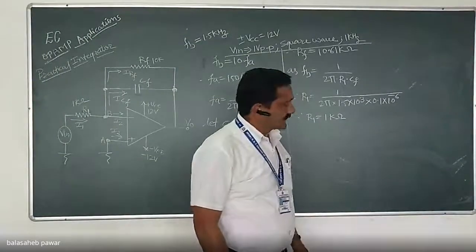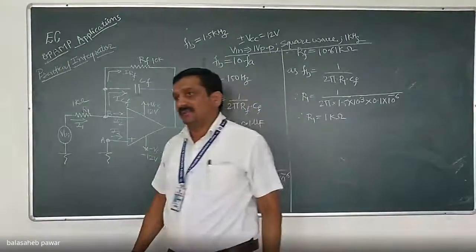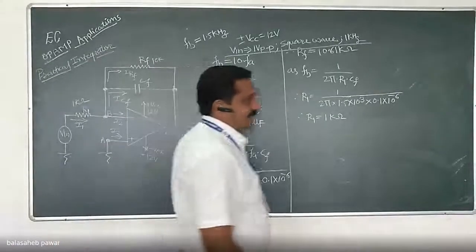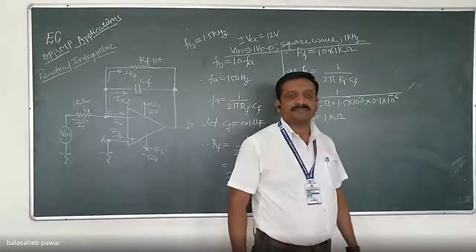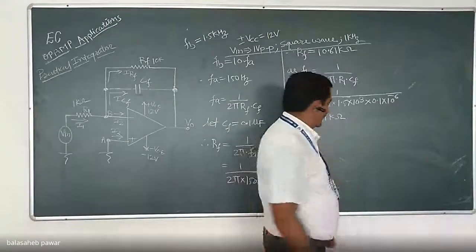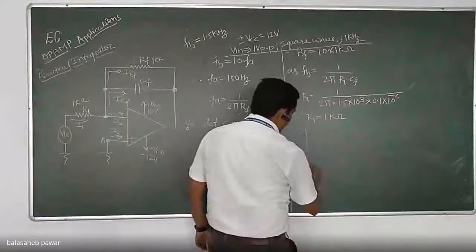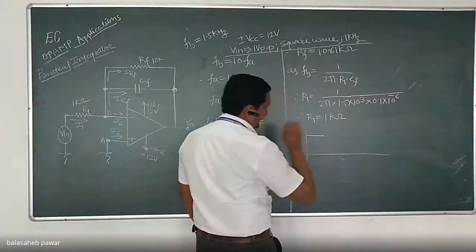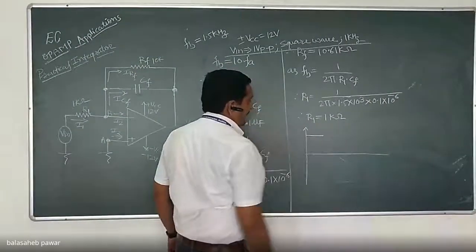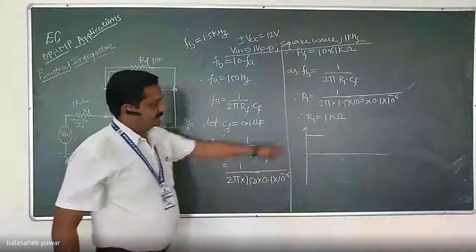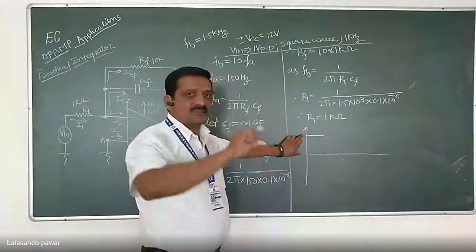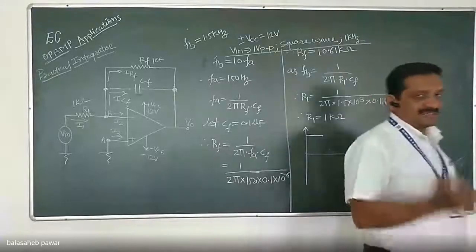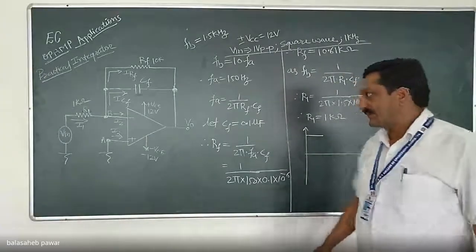Now, see, what is the integration of a step signal? Can anyone tell? If we apply such a step signal to the integrator, a step signal means a constant DC for a particular time duration, and later on we will change it.